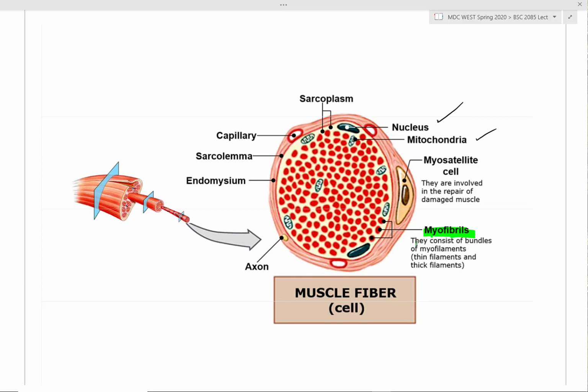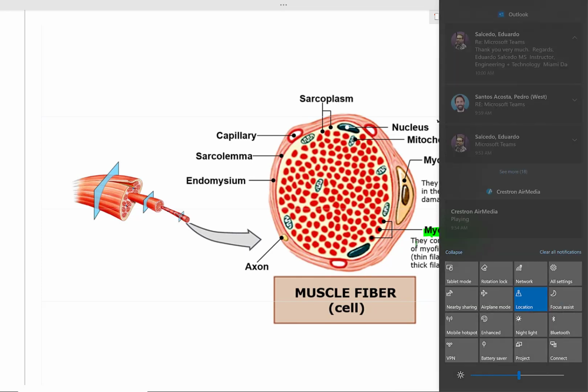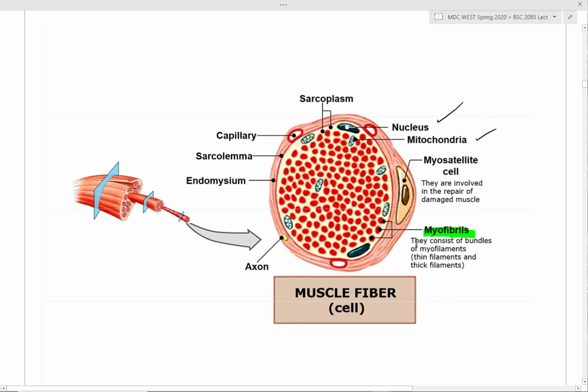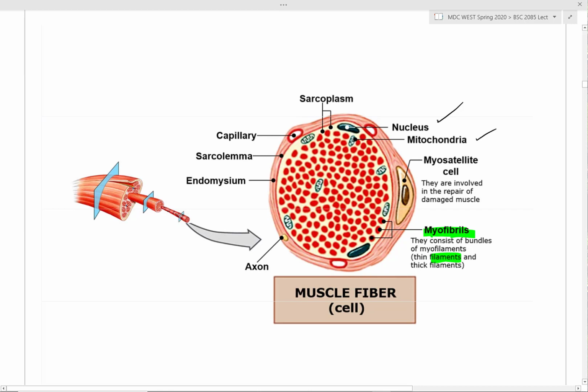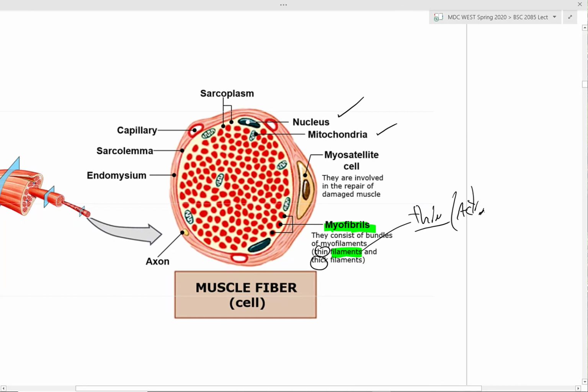If you have a question about fiber, they may just say muscle cell, so please know what that is. What is a myofibril? These are tiny filaments, and these filaments can be either thick or thin, as you can see there. If the filaments are thin, we call them actin.